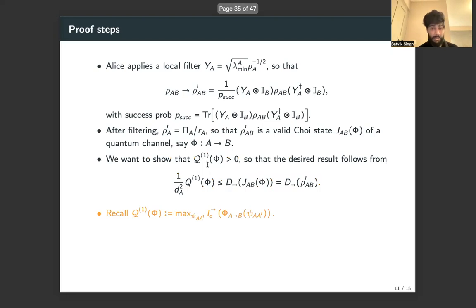And now, in order to show positivity of the coherent information, let me first actually recall, for the benefit of the listeners, what exactly this quantity is. So this coherent information for any channel is defined as follows.